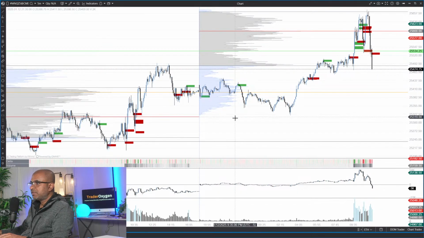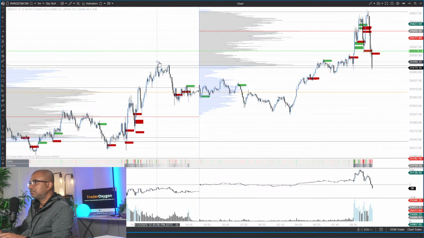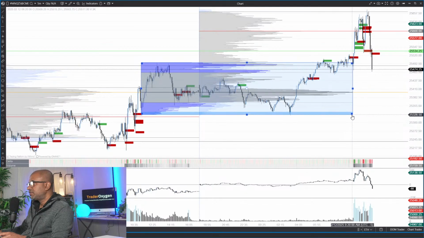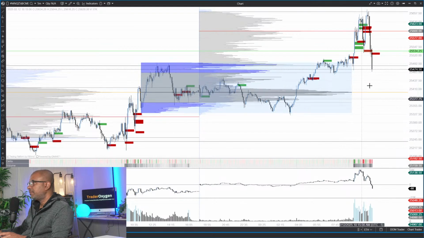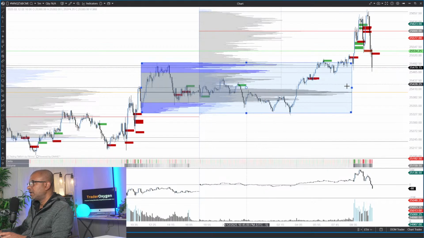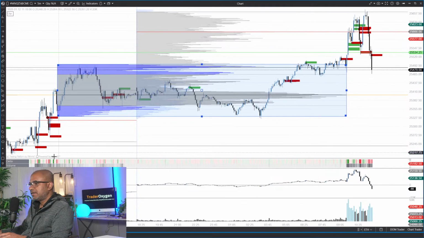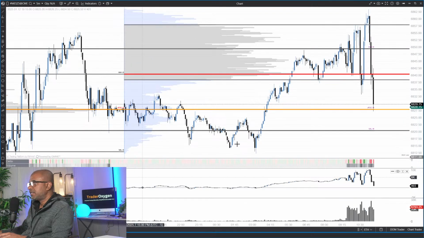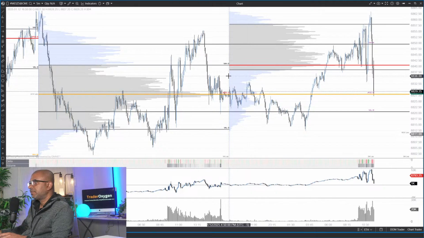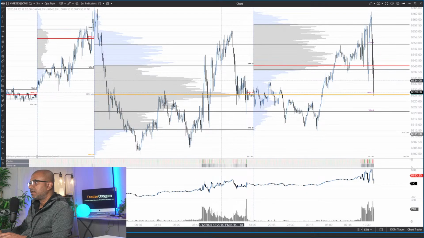If we draw the fixed range volume profile covering this range, up to the 9:30 AM New York start time, you can see the price strongly pushed away from the value area high at 9:30, right?